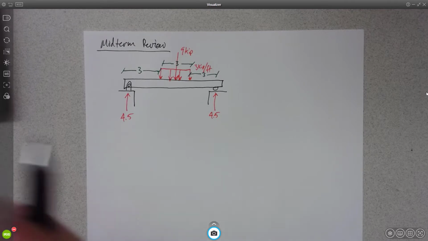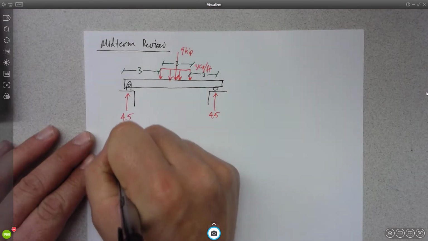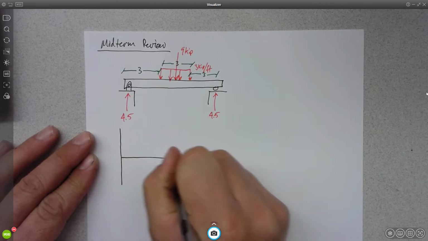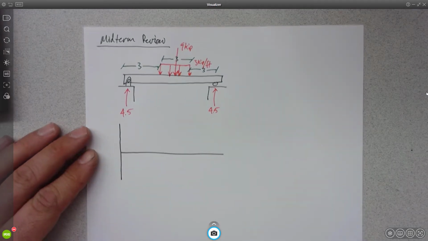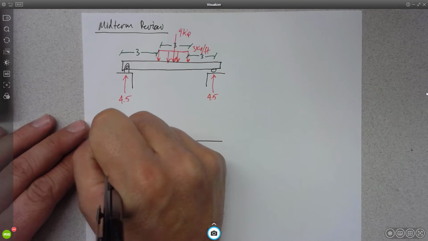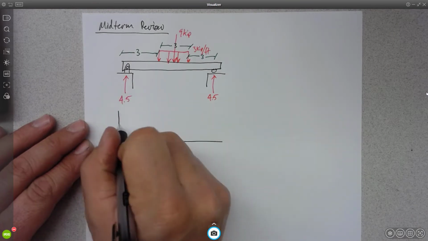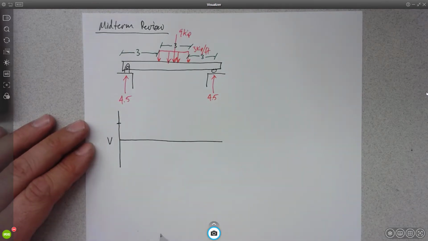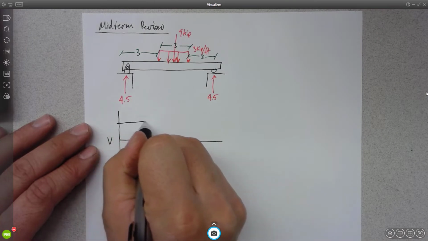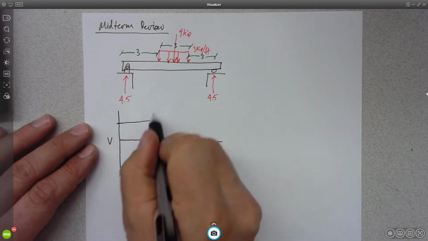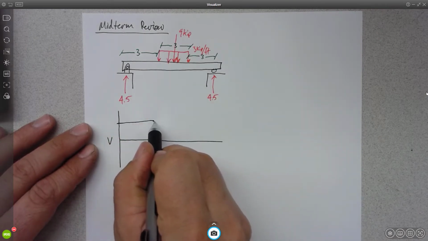So graphically, what we did on Wednesday is we could say, oh, 4.5, that means I jump up 4.5. Nothing happens till I get over here. Then I have a constant negative slope.